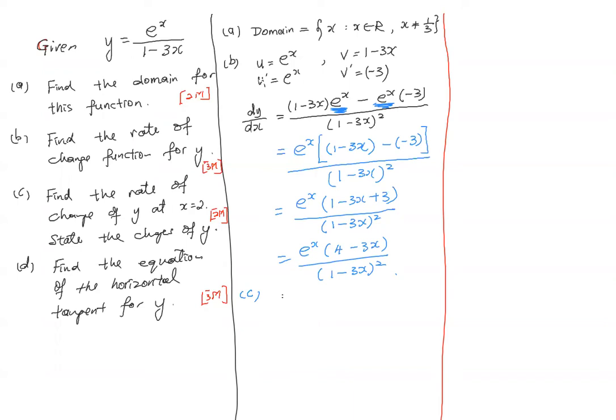So my dy dx will be e to the power of 2 times (4 minus 3 times 2) over 1 minus 3 times 2 squared. Okay, 1 minus 3 times 2 squared.